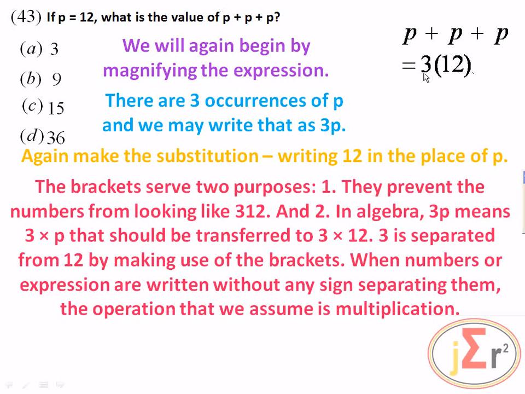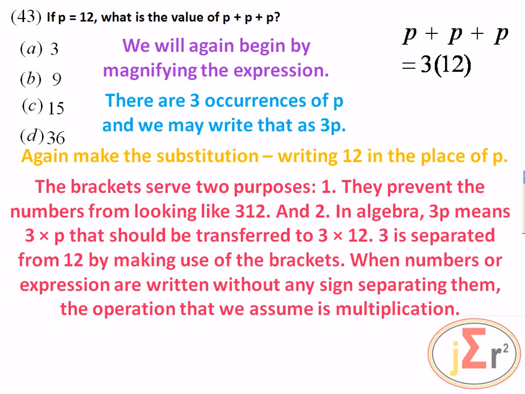Between the 3 and the bracket, there is no arithmetic operation. So we do not see a multiply, a divide. We do not see subtraction or division. Therefore, since we do not see any sign, what is the operation that we assume, Jerry?